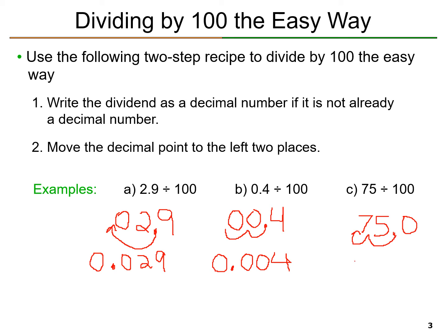So we're going to write it down as 0.75. Now we could add that 0 there, but that 0 doesn't really do anything for us unless we're worried about showing precision. So I'll just erase it. So 75 divided by 100 is 0.75.